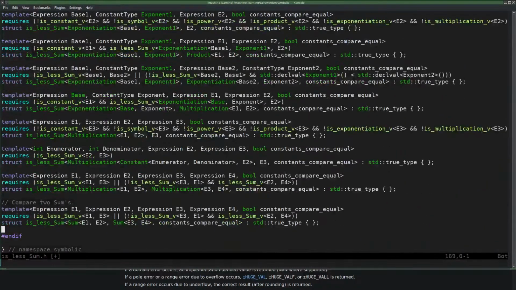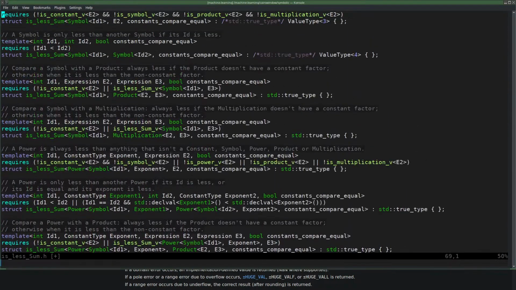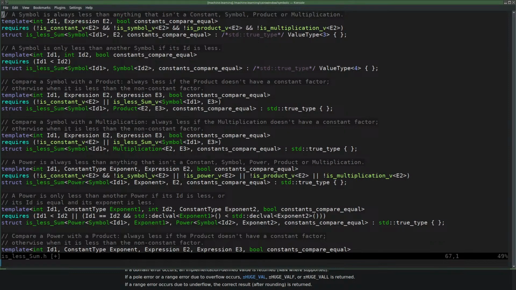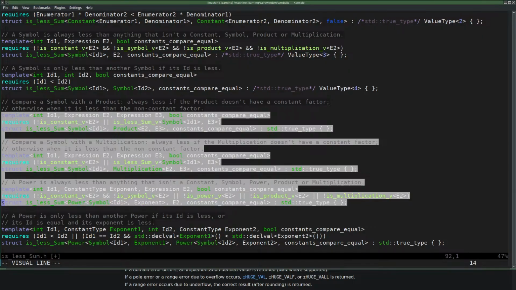On the other hand, then I have to make some horrible changes, because I wanted to know which is responsible for returning true. So I replaced true type with value. But okay, we can do that. So in this whole block, all the standard true types should be replaced with value type something.